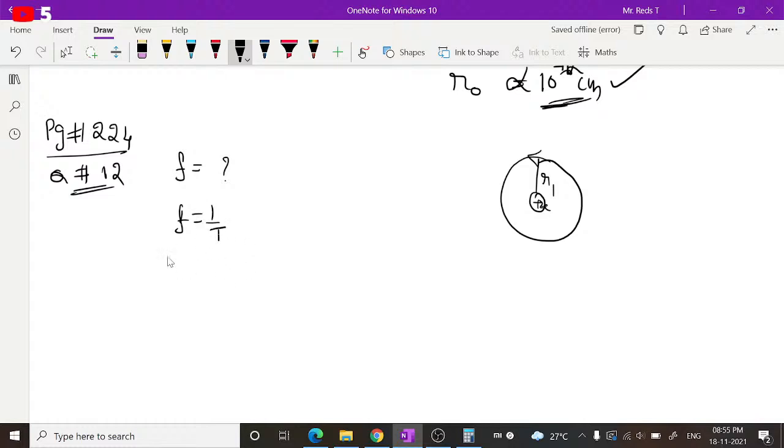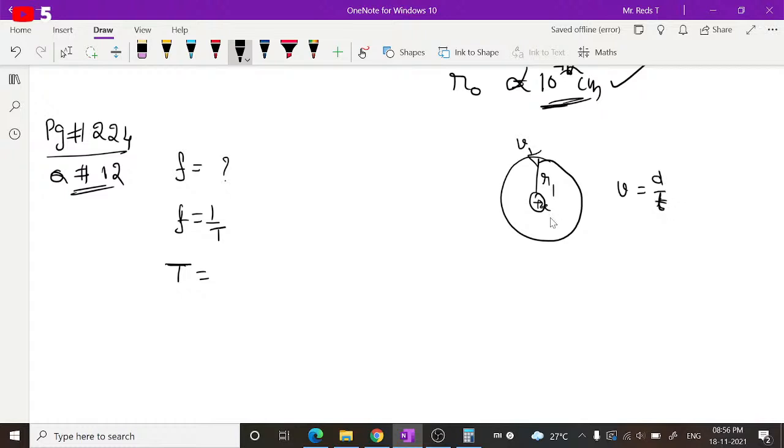So what is time period? Time taken to complete one revolution is the time period. If an electron is revolving with a velocity v, or v1, in the first orbit, then velocity is equal to distance traveled by time taken, by the general definition of velocity.